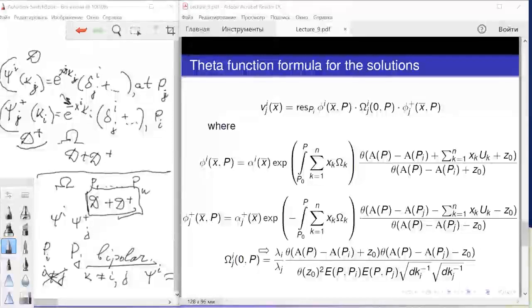I would like to comment that lambda I and lambda J are just normalizing coefficients given up to a common factor, but I skipped it.